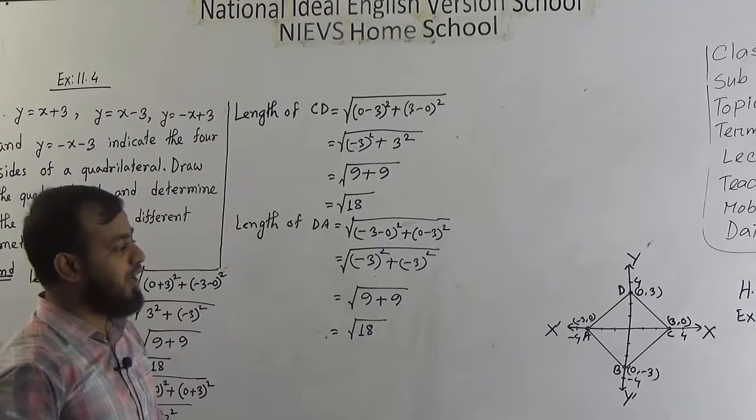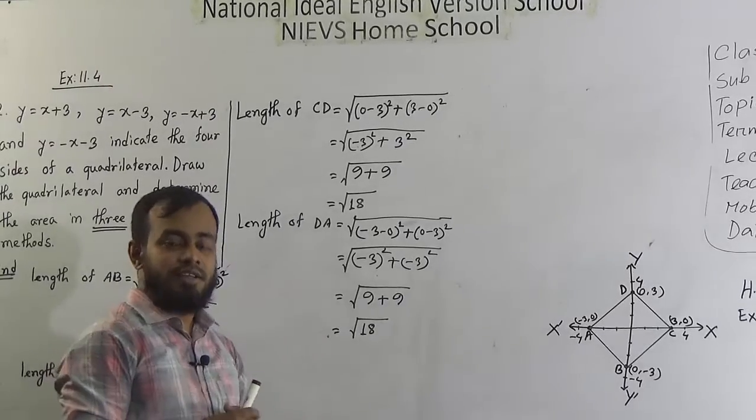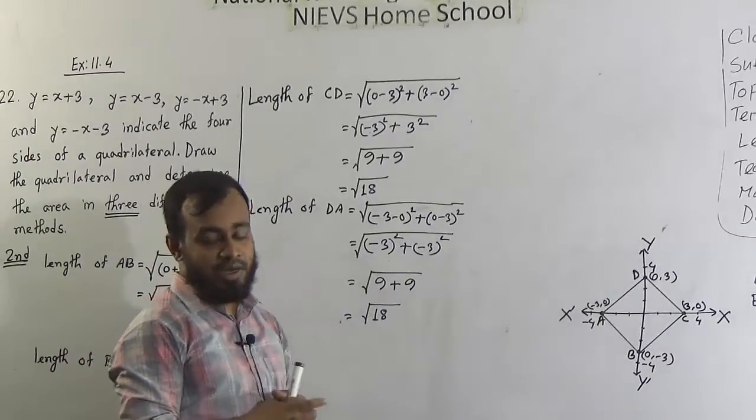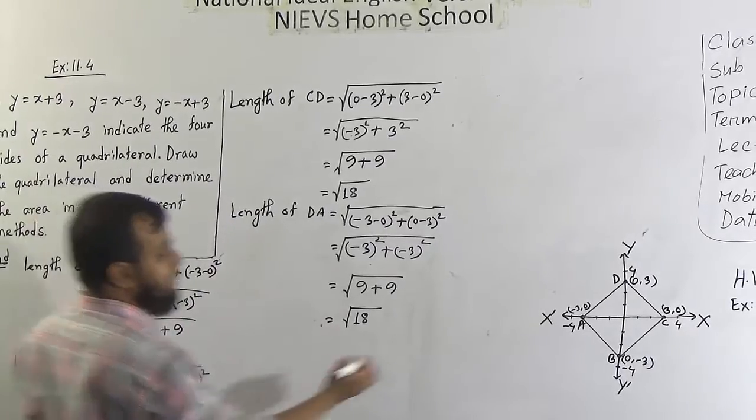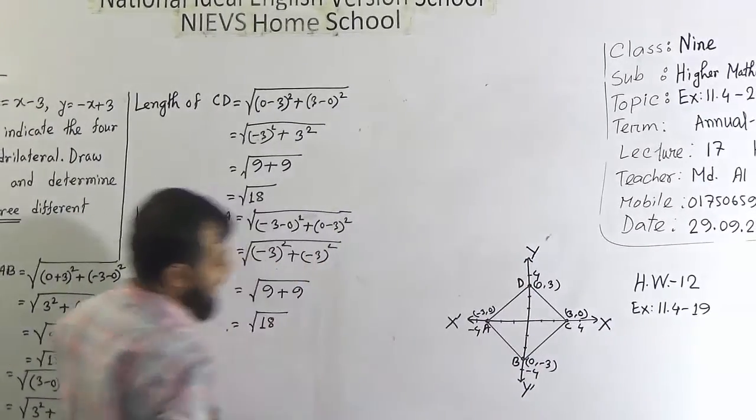Now we need to find out the diagonal. If the diagonals are same, then it will be a square. If the diagonals are not same, then it will be a rhombus, okay. So diagonals are what? Diagonals are AC and BD, okay.